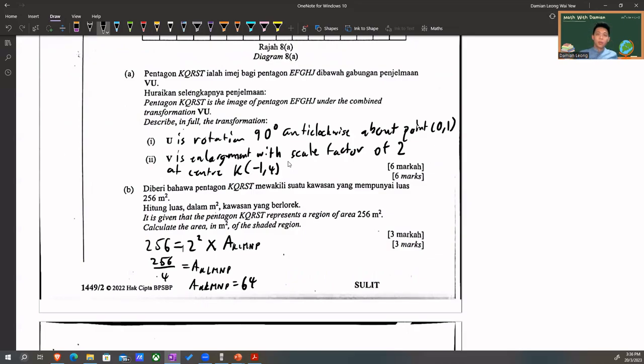So if the area of KLMNP is 64, and the big one is 256, the area of the shaded region is basically 256 minus 64. So it'll be 192 meters square. That's B.